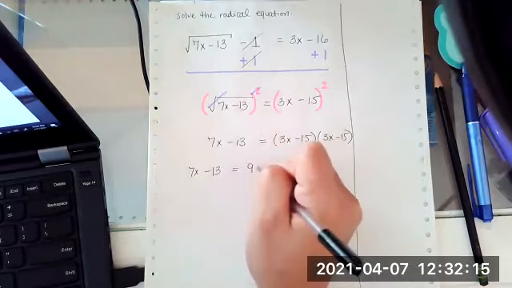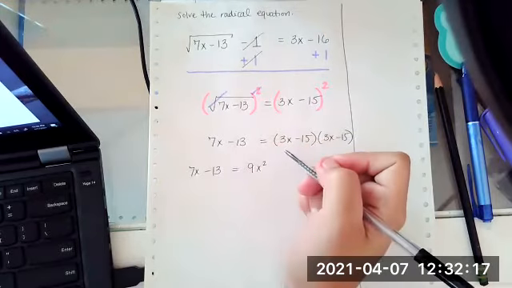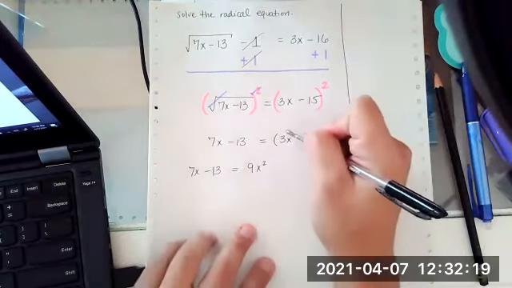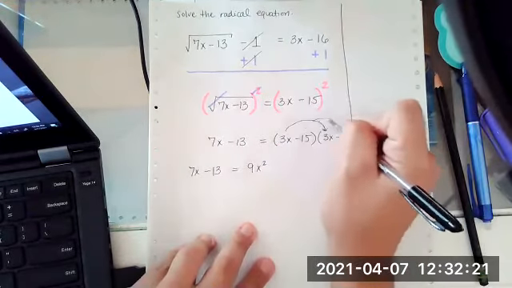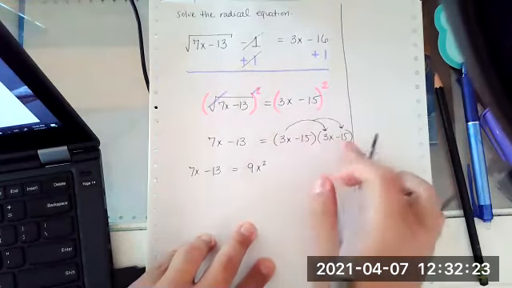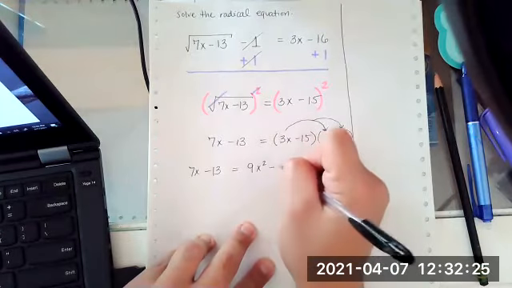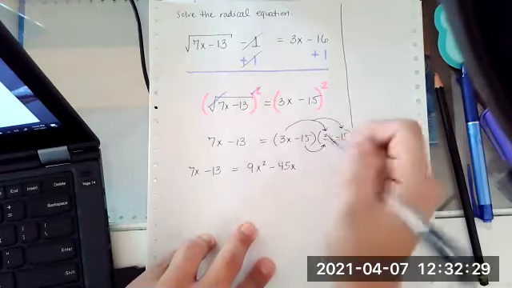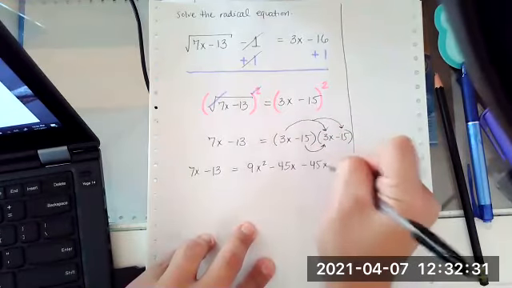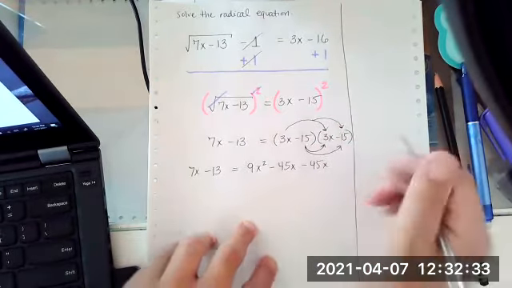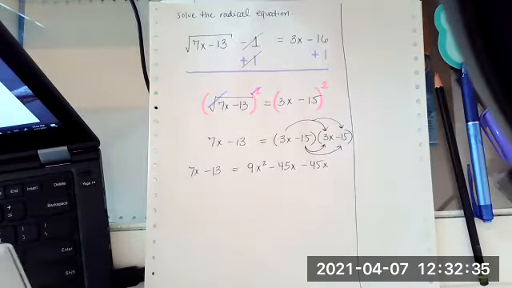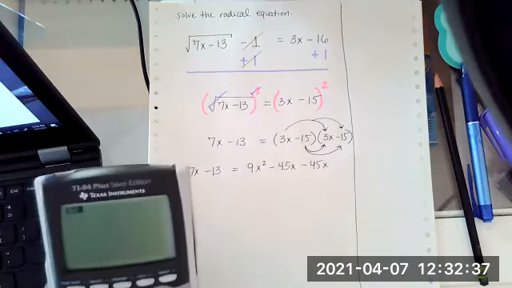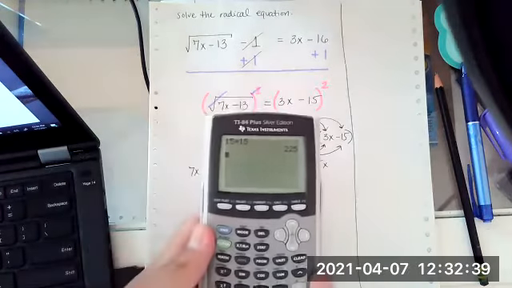9x squared. And I don't want to skip any steps right now since we're reviewing. So let me go ahead and draw these little arrows. 3 and -15 should be -45x. -15 and 3x should be another -45x. And then 15 and 15 is something like 100 and blah, blah, blah. I don't know. 15 times 15 is 225.